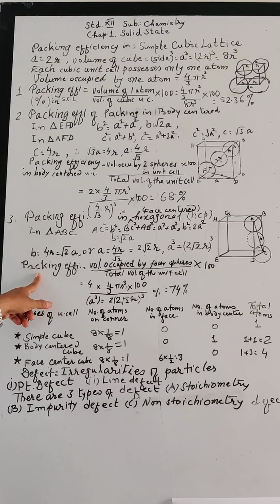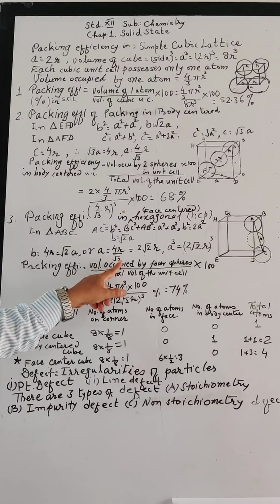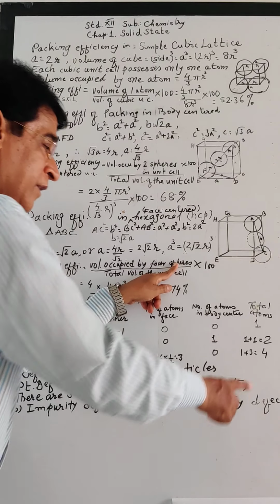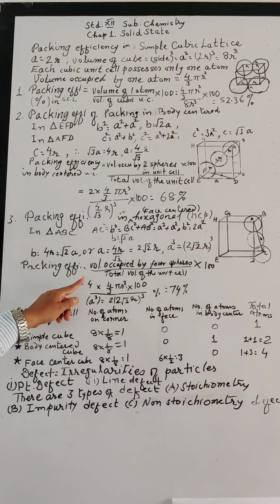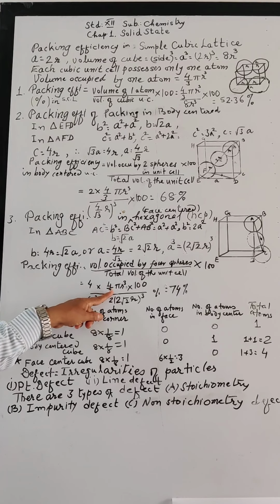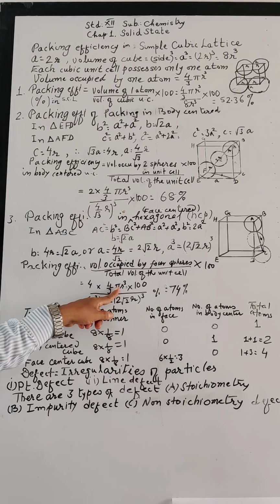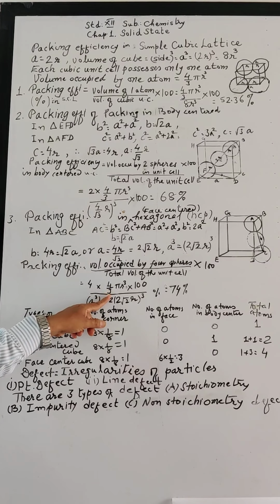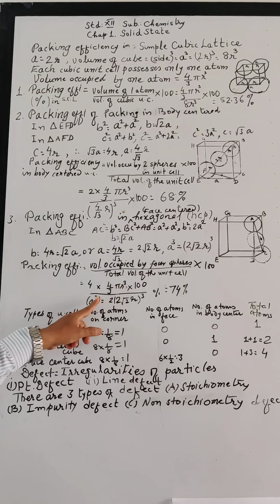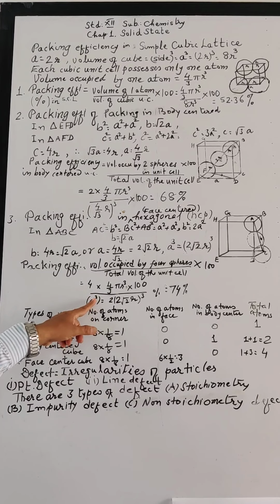Packing efficiency in hexagonal cube, volume occupied by 4 spheres divided by total volume of the unit cell multiplied by 100. Volume of 4 spheres, that means 4 times 4 upon 3 pi r cube divided by A cube.